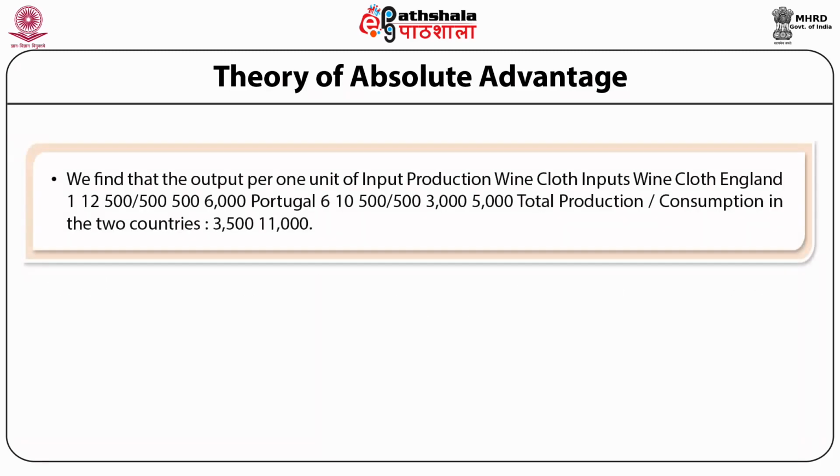We find that the output per unit of input for production of wine and cloth for England is 1 and 12, and for 500 input units the total production is 6000. For Portugal it is 6 and 10, and for 500 input units the total production is 5000. This we can understand with the help of the following table.